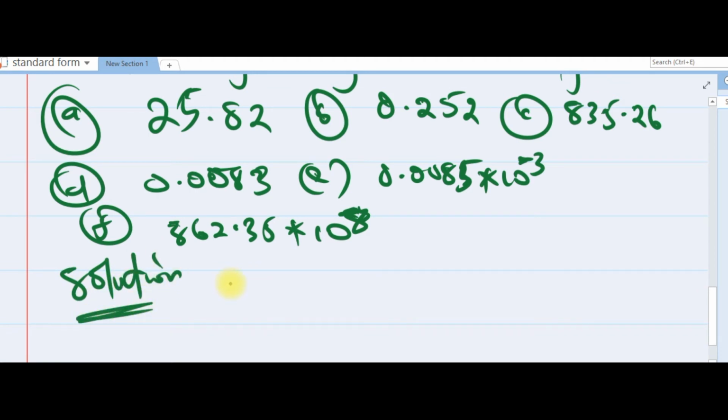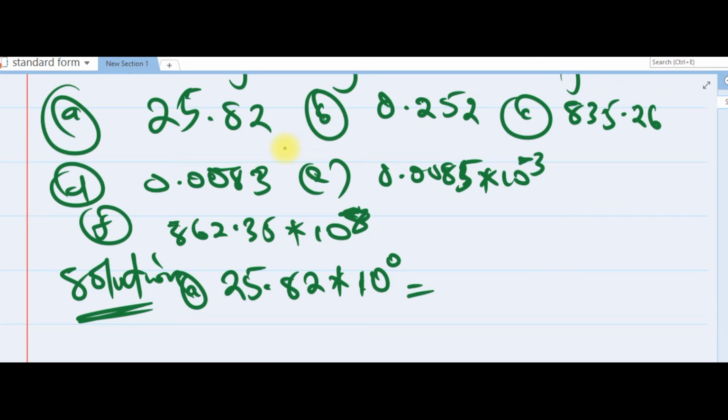So the first one, we are given 25.82, but you know we can write it as 25.82 times 10 raised to power 0. Remember our aim is to make this number less than 10, but greater than or equal to 1.